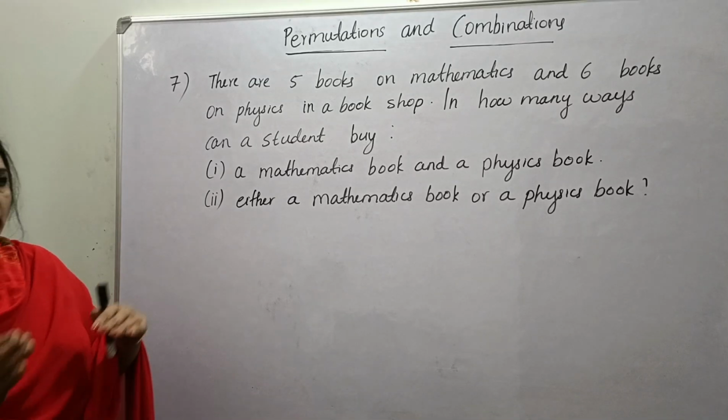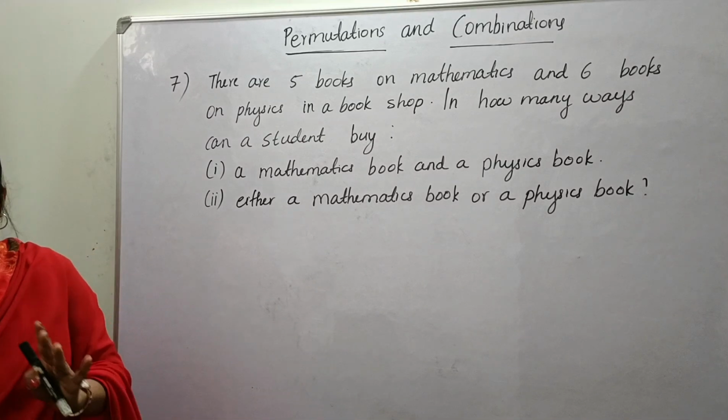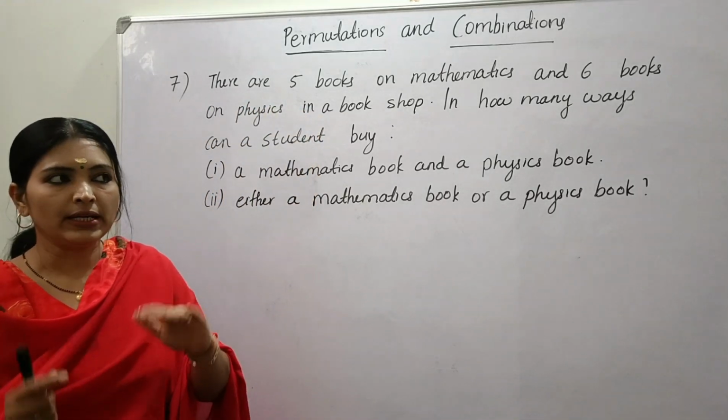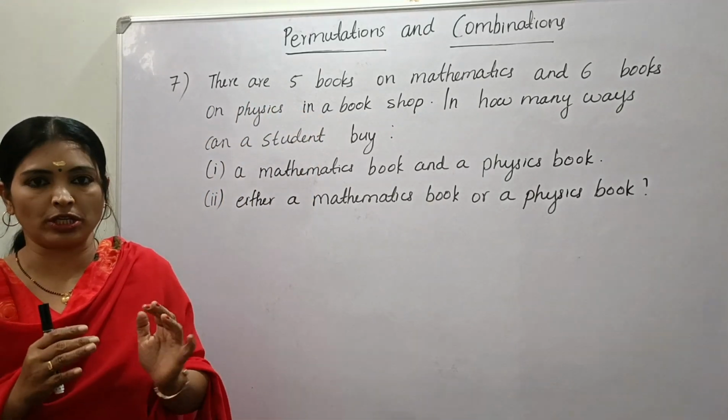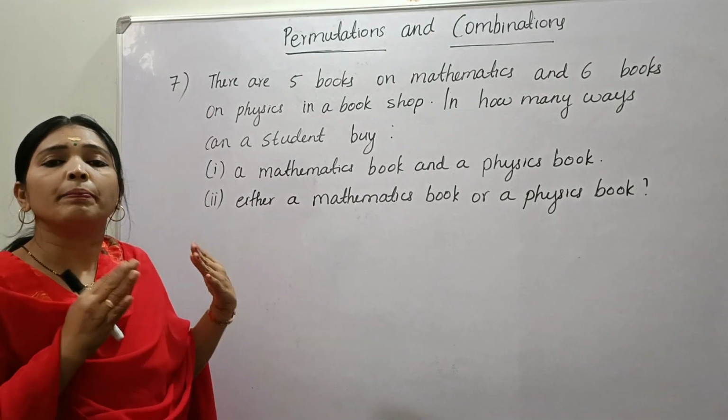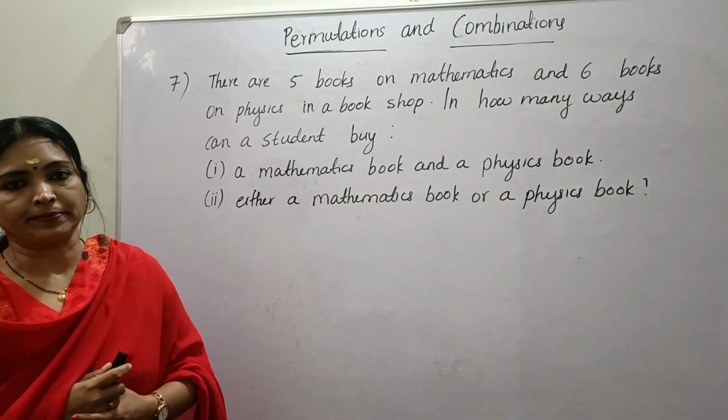So here, see, the number of ways to buy a mathematics book is nothing but 5C1, right? That is 5C1 combination. See, it is a combination problem, right? Why? Because here order doesn't matter.